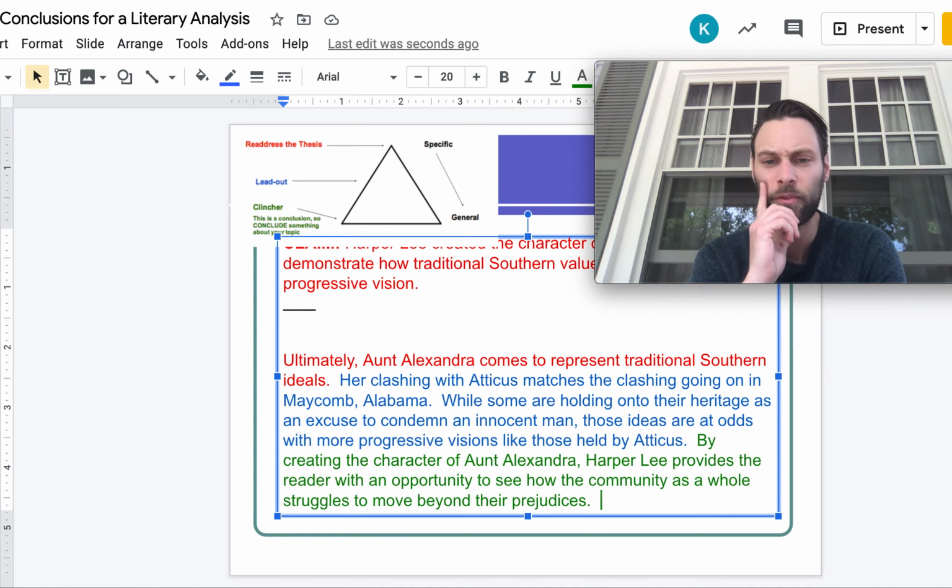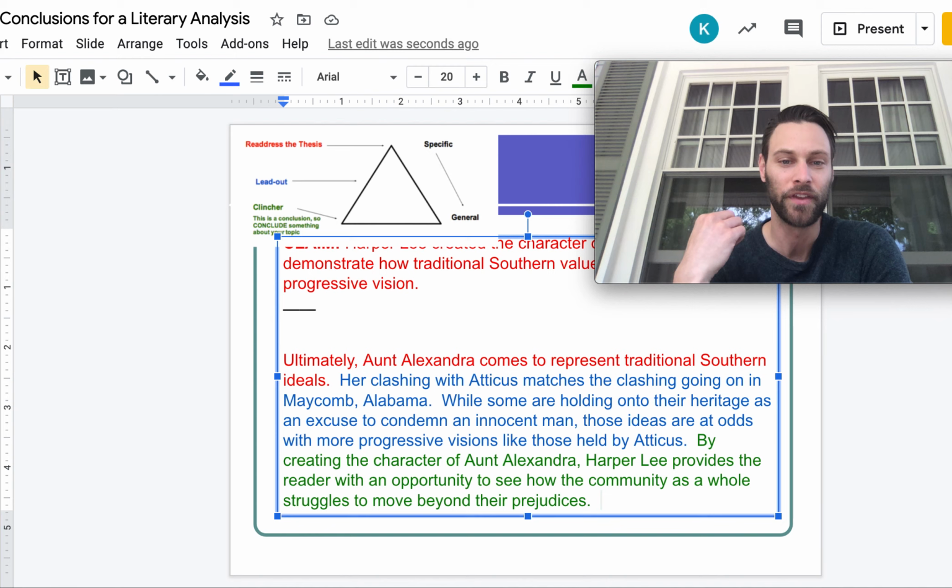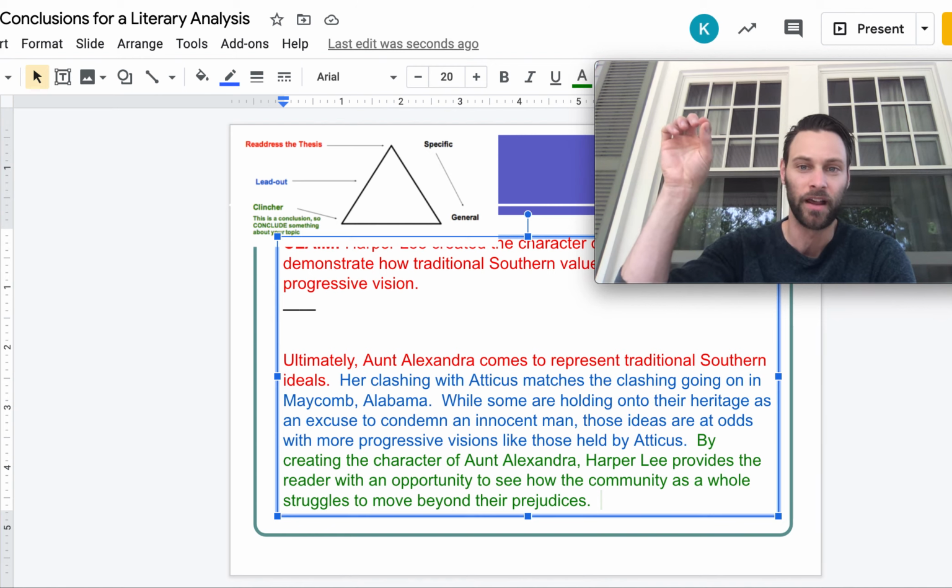I could develop this a little bit further if I really wanted to, but I like the idea of having a concise little conclusion here, with the idea of here's what she came to represent, here's some moments where we saw it between her and Atticus.